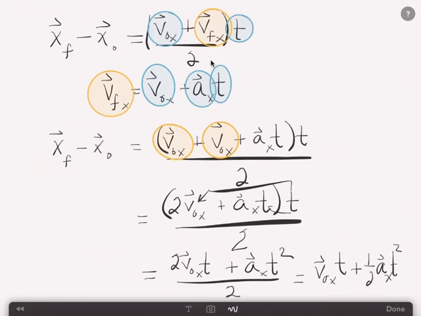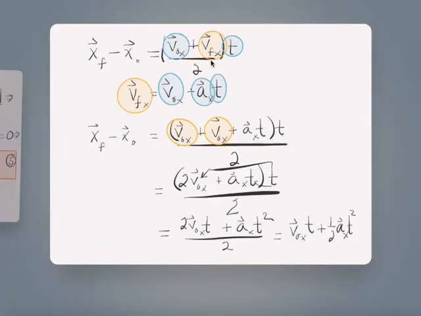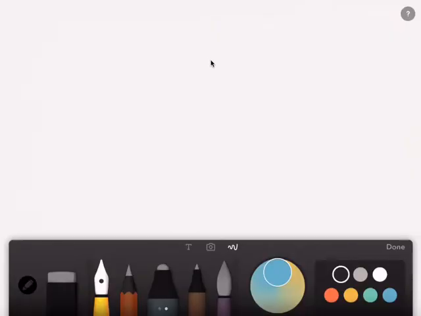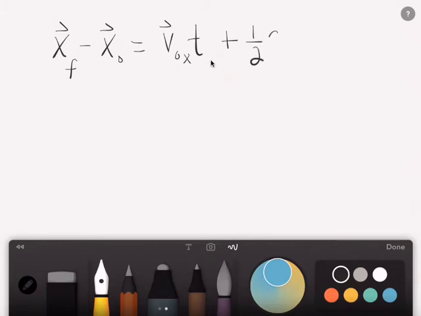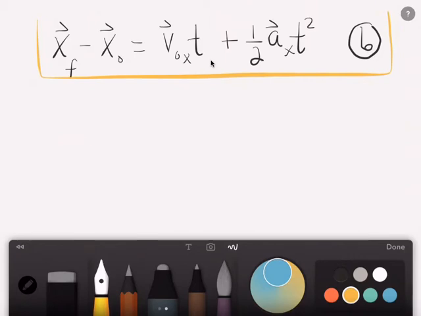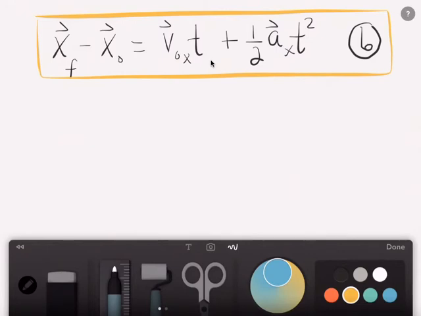Looks like this. xf minus x initial equals v naught x times t plus 1/2 a sub x times t squared. This is going to be equation number 6.